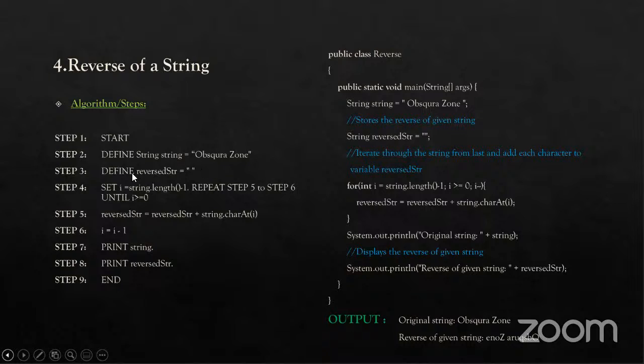Here I am initializing a string. We need to reverse that string, right? So we need a string variable to hold the reversed string, and for that I am initializing a reversed string also. Then again we need to loop, up to string length minus 1.